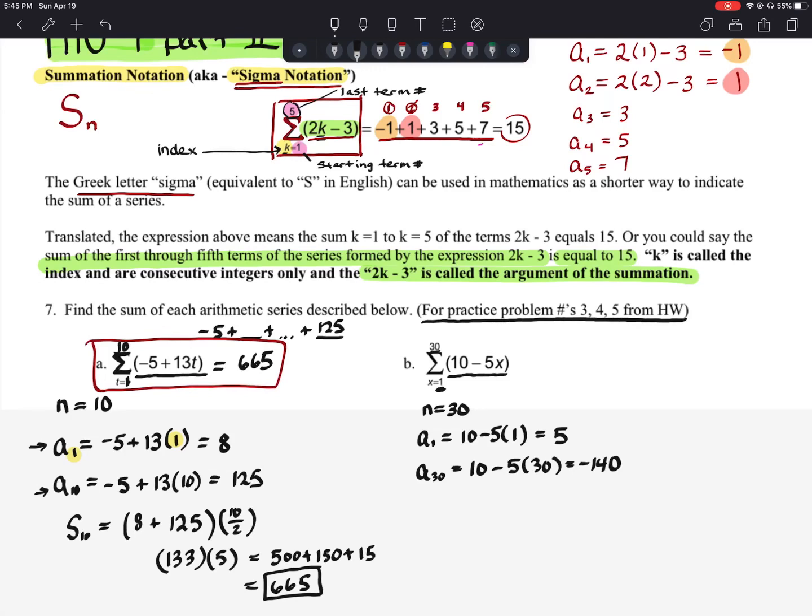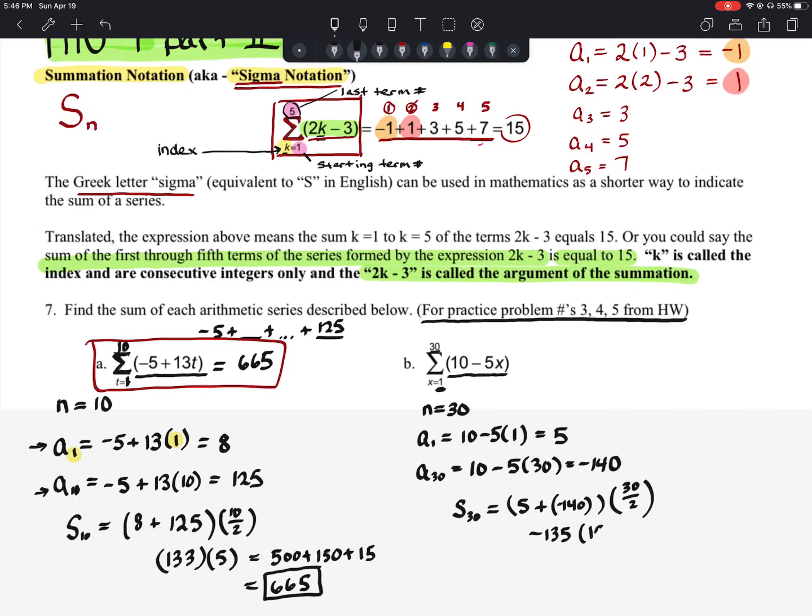Then we're going to use that information. The sum of the first 30 terms is going to equal 5 plus negative 140, and then we're going to multiply that by half the number of terms, so 30 divided by 2. 5 plus negative 140 is negative 135, and then we multiply that by 15, which is 30 divided by 2.